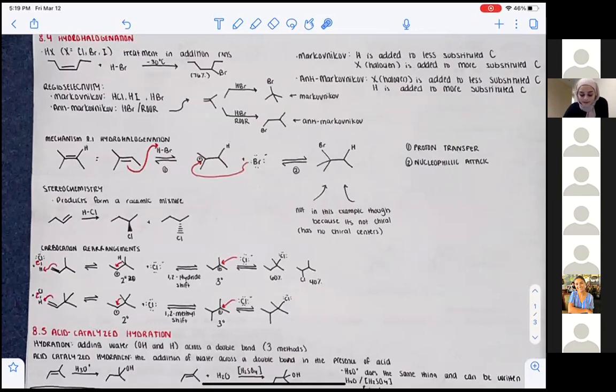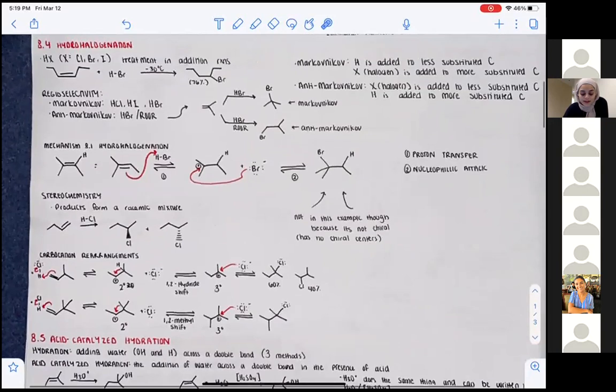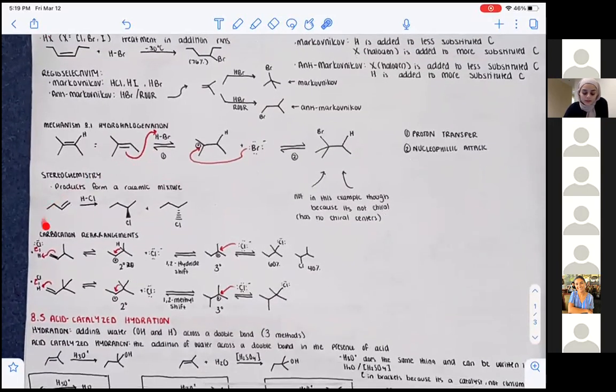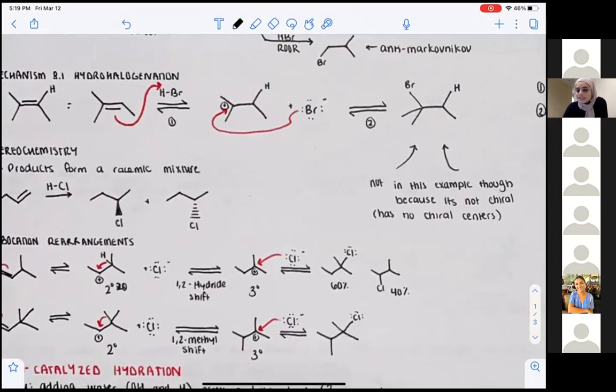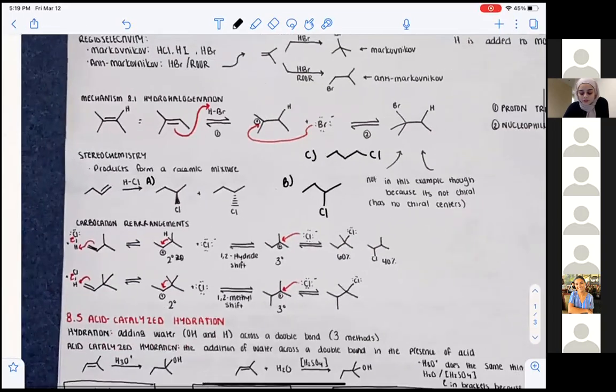My pleasure. One more thing about hydrohalogenation is that the products form a racemic mixture. This is really important to know, which ones form racemic mixtures, because Dr. Dowdy, although he is usually pretty nice about not giving you answers that are all the same but kind of tricky, he could definitely give you an answer like, oh, this is A and then this is B. And then obviously answer C would probably be something like this, where he has Cl anti-Markovnikov, or something like that.